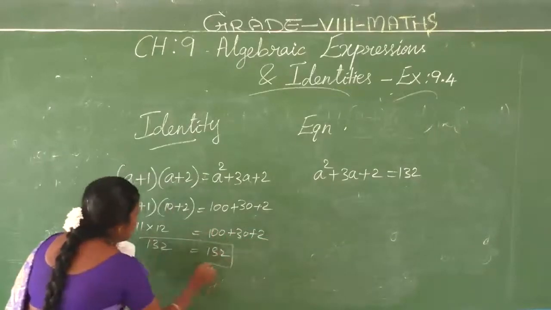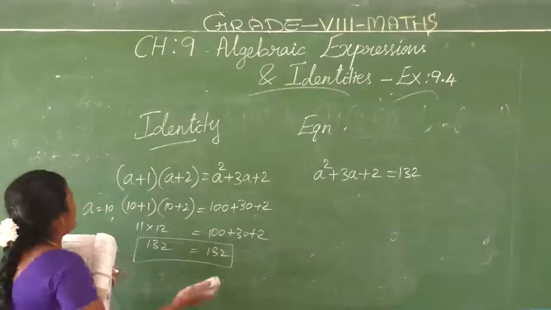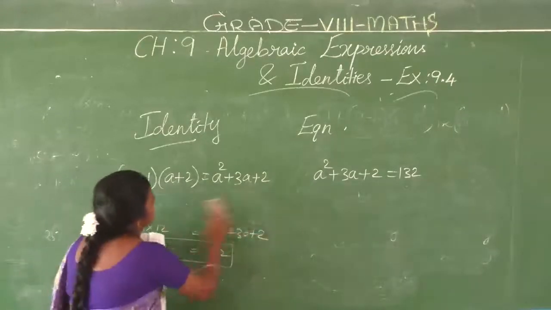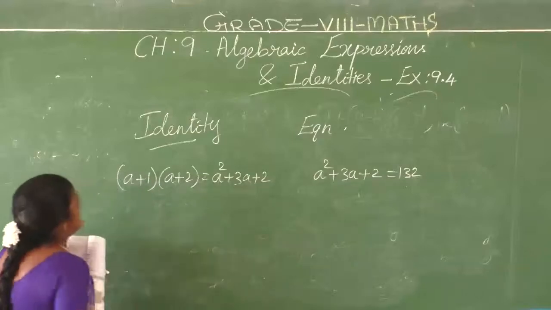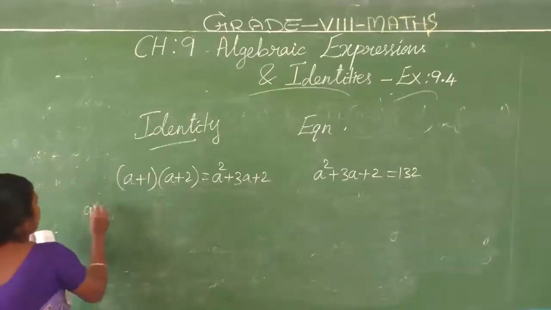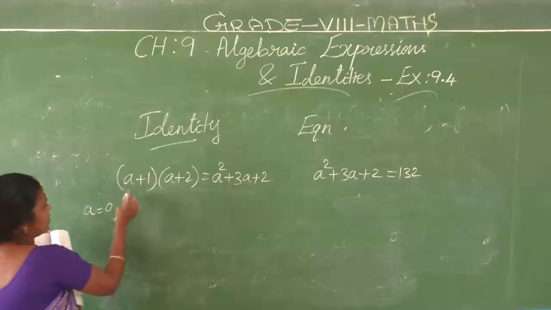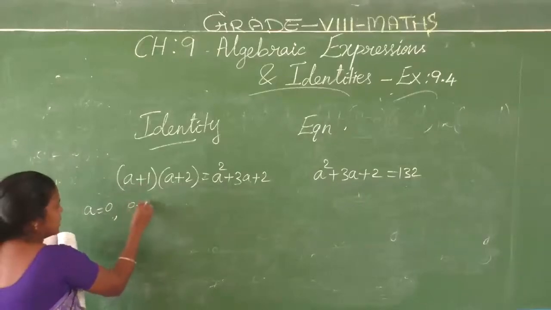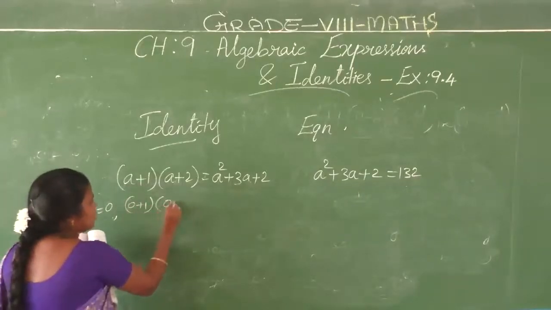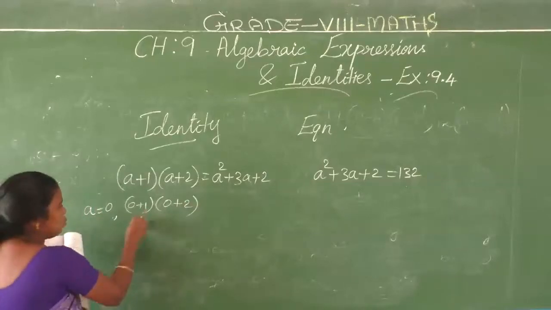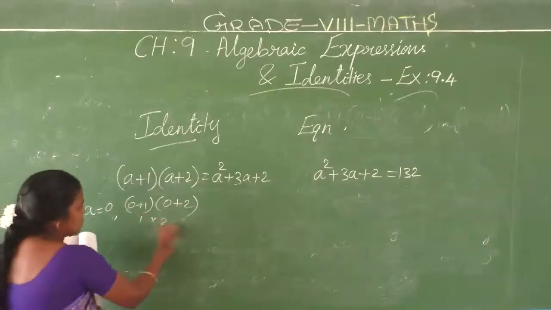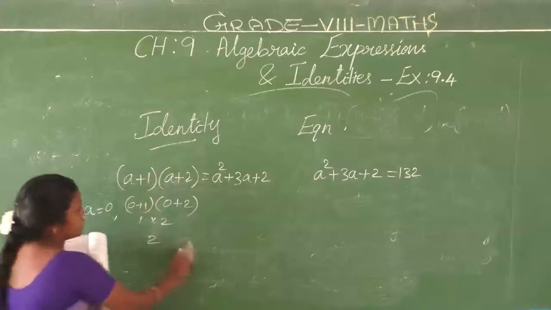Coming correctly or not? Okay, I am giving another value. Suppose a value 0, what comes here? 0 plus 1 into 0 plus 2: 1 into 2, 2. The left hand side answer is 2.